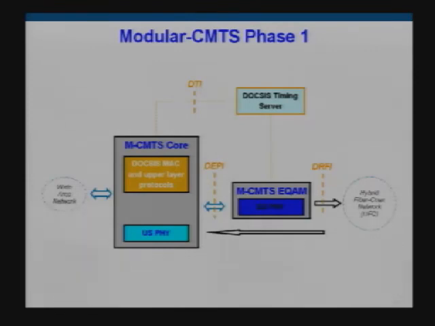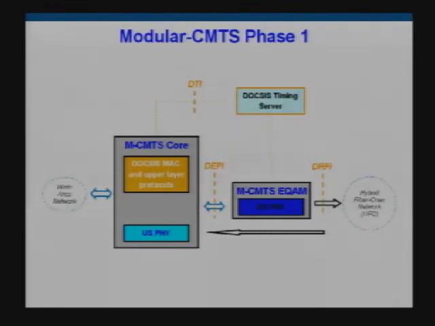And once it reaches the EQAM, it will take care of collecting the layer 2 information, DOCSIS frames, and then converting them into the PHY layer, doing the modulation and upconversion functionalities. And DRFI, or downstream radio frequency interface, is another spec defined to standardize the PHY layer interface for DOCSIS, and that is what is used in this model.